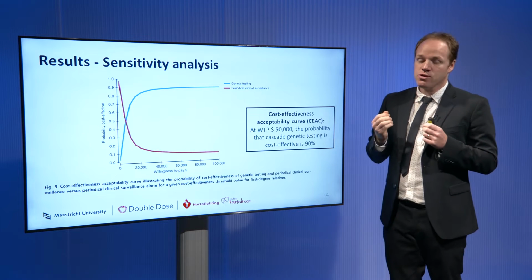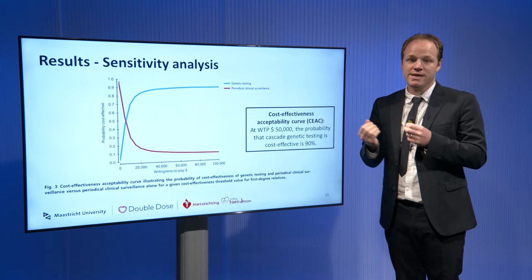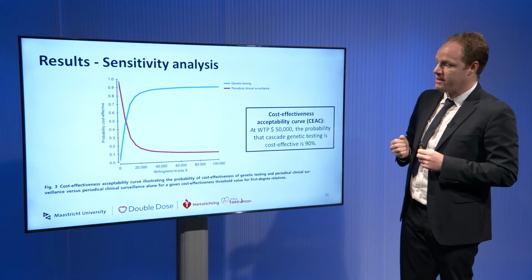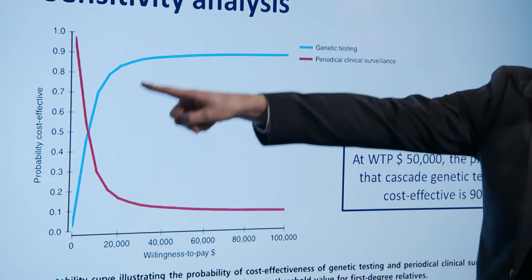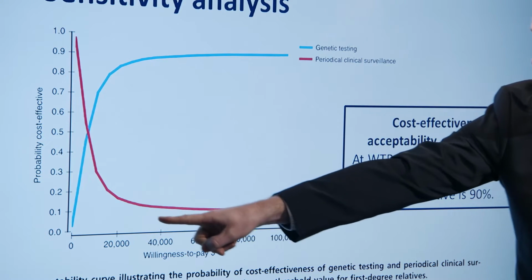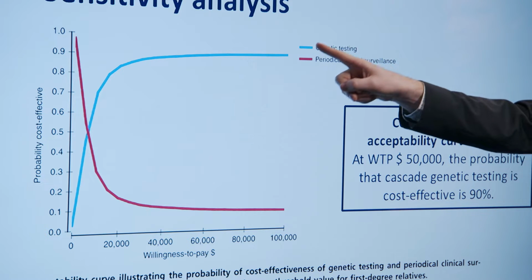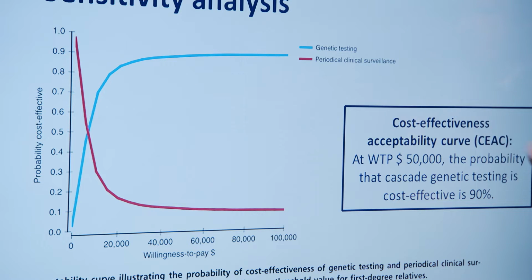Then the author also conducted a probabilistic sensitivity analysis that was explained in another lecture. In this probabilistic sensitivity analysis, we estimate the probability to be cost-effective for different willingness to pay thresholds. And we observe that the genetic testing has a high probability to be cost-effective.